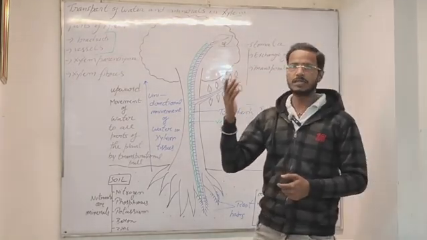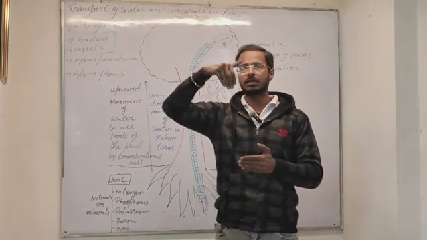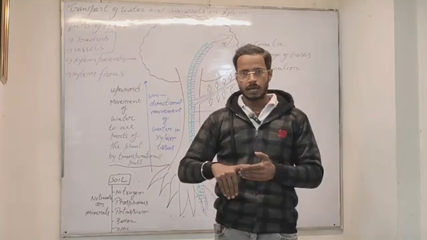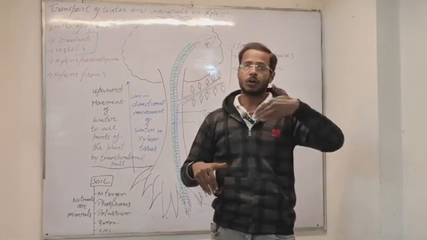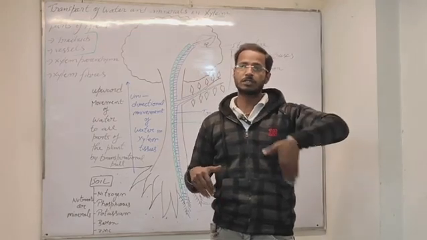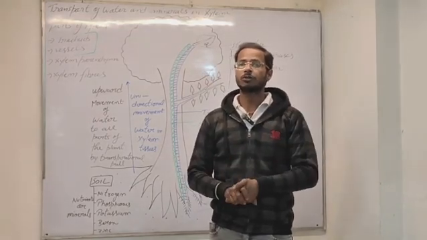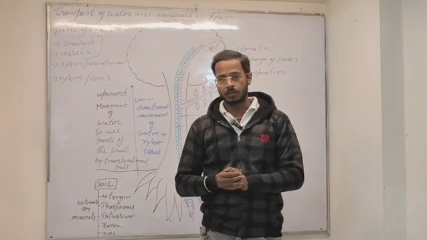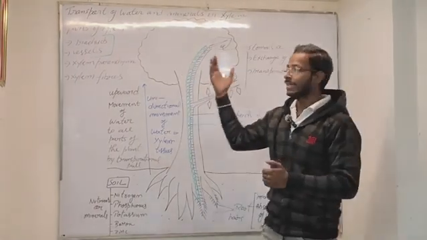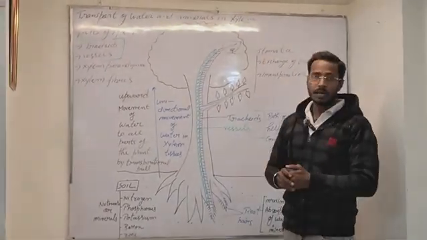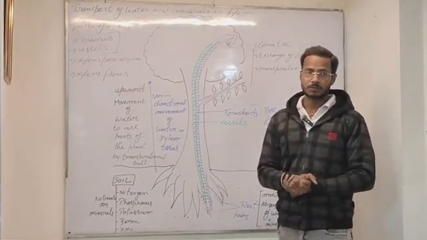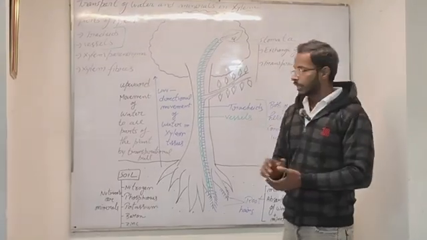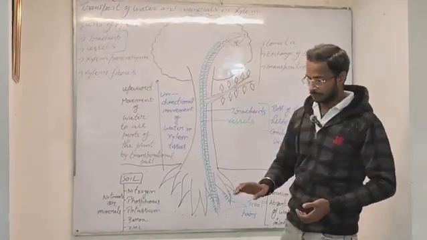Exchange of gas means carbon dioxide enters the plant through stomata, and oxygen comes out of the plant through stomata. Got it? Now the second function is transpiration.